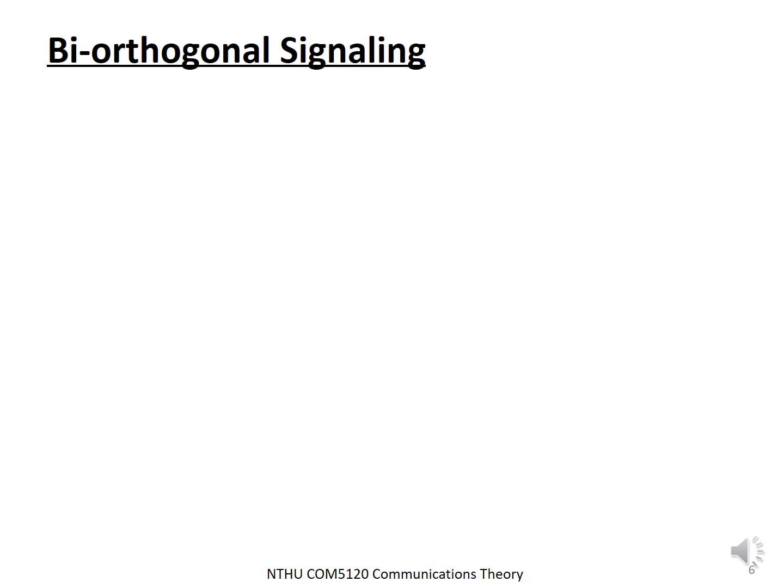In the following, we would like to discuss two variations of MFSK. First is bi-orthogonal signaling, and then simplex signaling. Let's talk about bi-orthogonal signaling first.